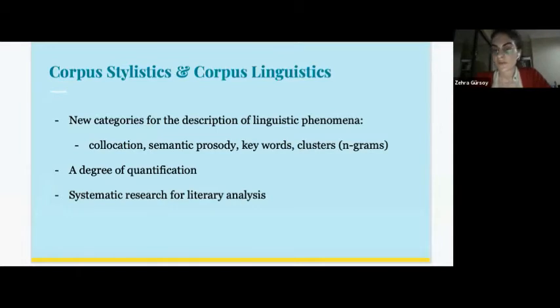Therefore, the main advantage of employing corpus methods in the study of literary texts could be the fact that a degree of quantification can be achieved that is not easily possible in a manual analysis. Moreover, since the data collecting procedure is being completed by online tools, corpus stylistics may actually reduce intuition-based critiques and therefore arbitrariness and add systematicity to the whole research process.